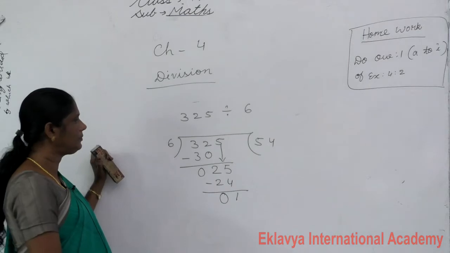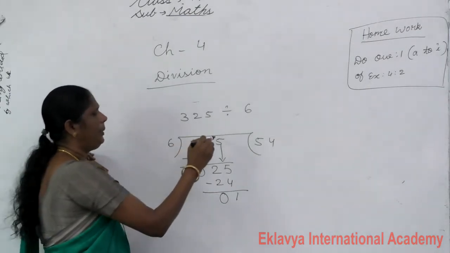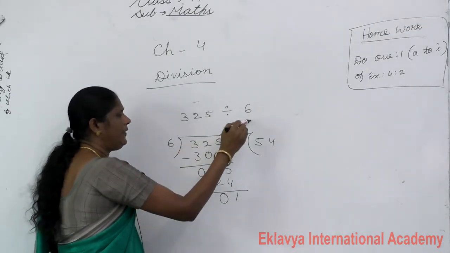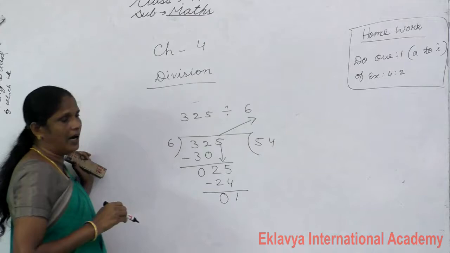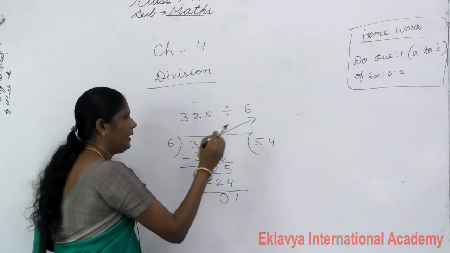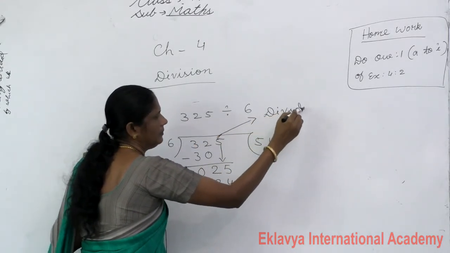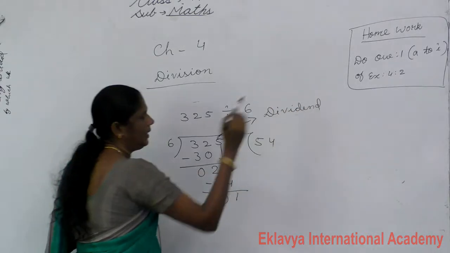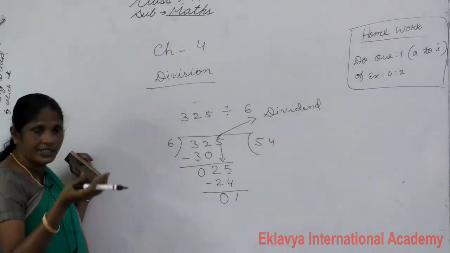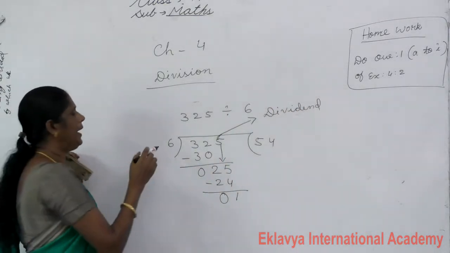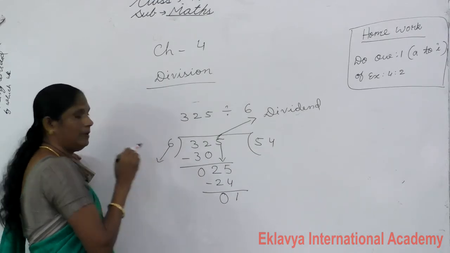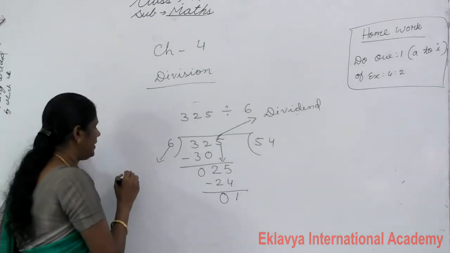This number being divided is called the dividend. Then the one by which we divide is called the divisor.